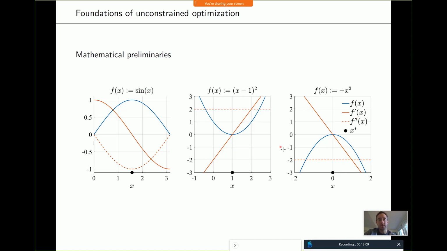And this is just a picture where I discuss these topics in some detail for the sine function, for x minus 1 square, and for minus x square. And the logic is, of course, exactly the same if you go to multivariate real-valued functions, only that it gets a little bit more complex.